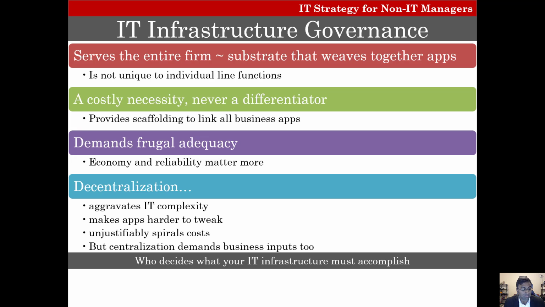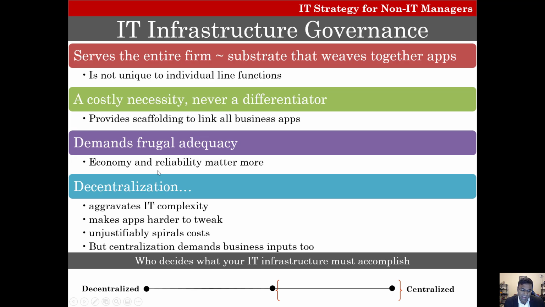Therefore, centralization of IT infrastructure decision rights with the IT unit, where the knowledge is concentrated, speeds up IT infrastructure decisions, fosters economies of scale because it aggregates firm-wide IT infrastructural needs across line functions, and helps provide a stable and economical firm-wide infrastructure foundation, which positions your firm to rapidly adopt business applications.